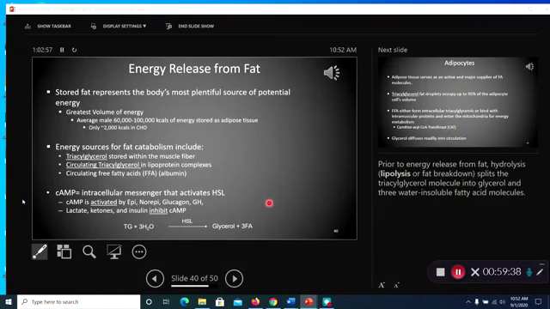Cyclic AMP is an intracellular messenger that activates hormone-sensitive lipase. HSL is hormone-sensitive lipase. Lipases break up fats, okay? Enzymes that break up fat. So when cyclic AMP is activated by a hormone, we'll say epi, norepi, glucagon, or growth hormone, that helps initiate hormone-sensitive lipase to break down fats.